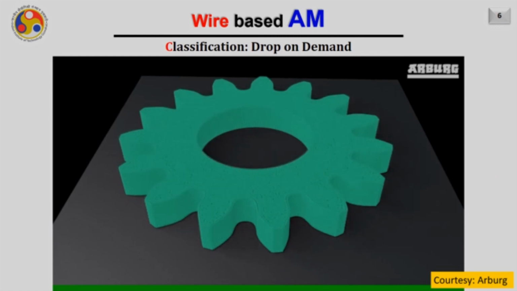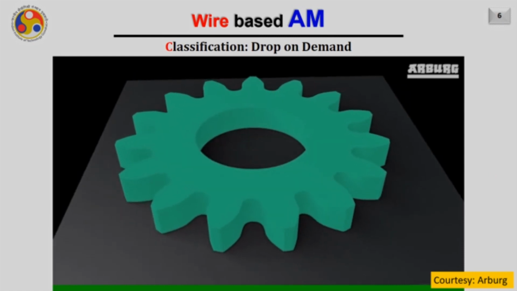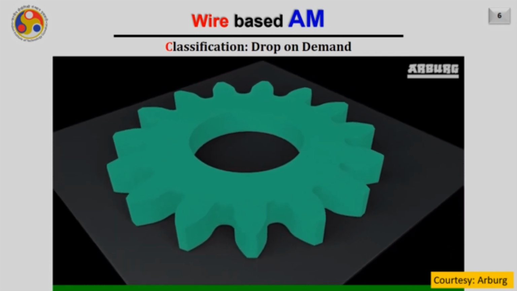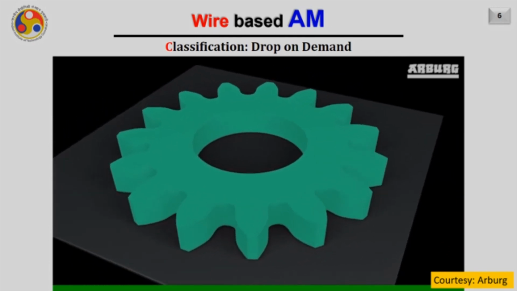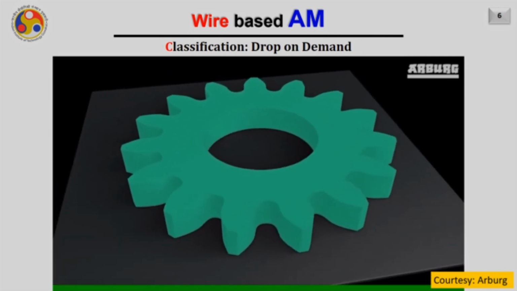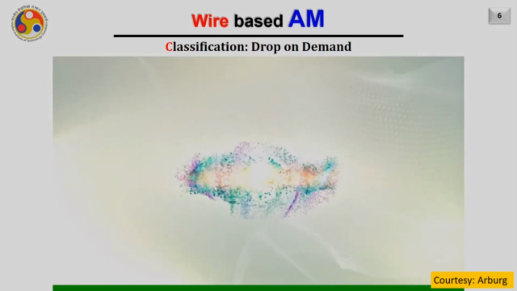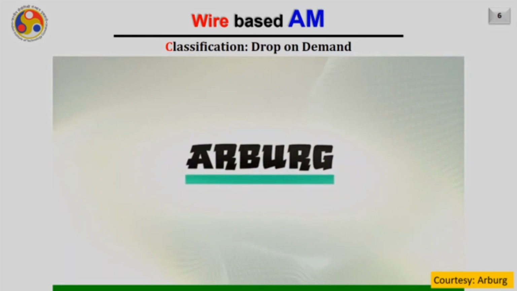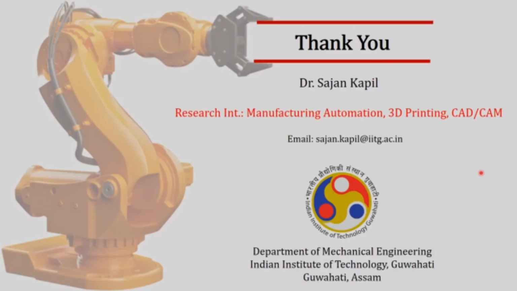After completing the part, it can be taken out, and if required, the support can be removed. So this is basically an example of how drop on demand can be used in FDM. Thank you very much.